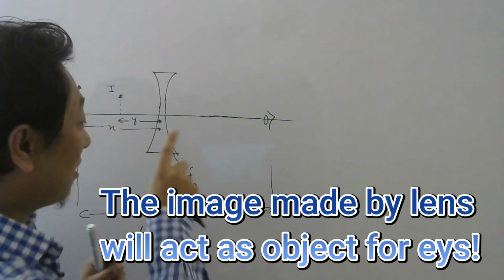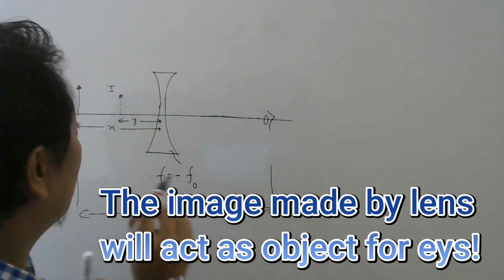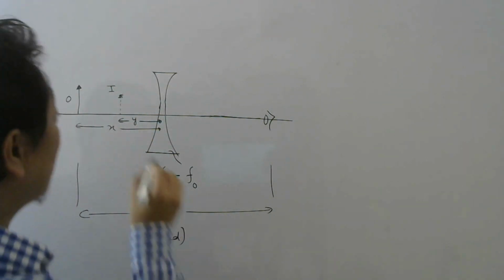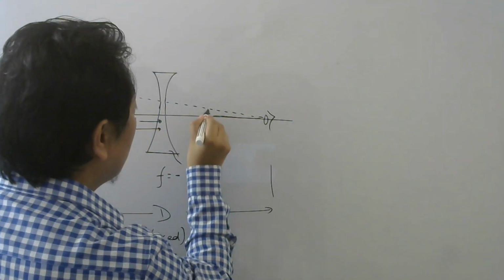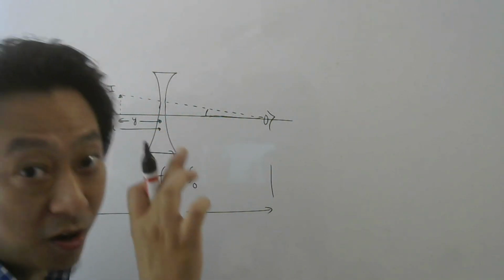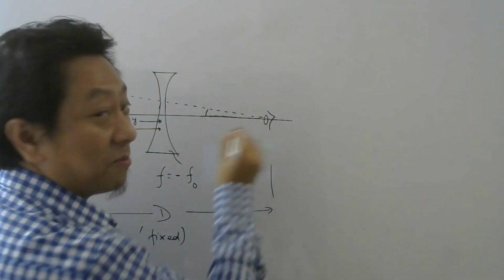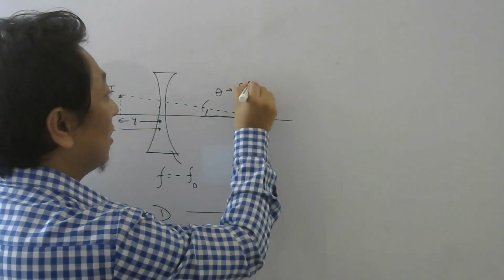So the image made by the lens will be the object for your eyes. So in order to see this smallest, what did we discuss just now? This angle determines whether the size will appear big or small. So for the size of the image to be smallest, as seen by this person, this angle should be smallest.